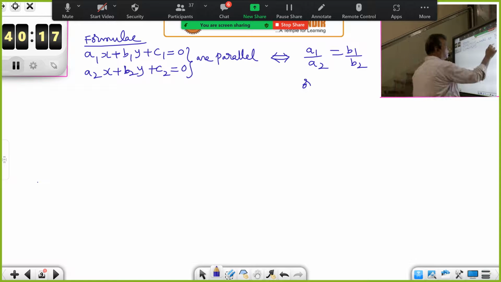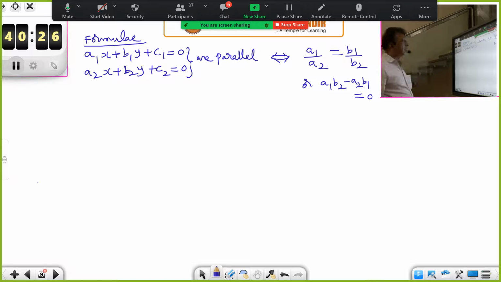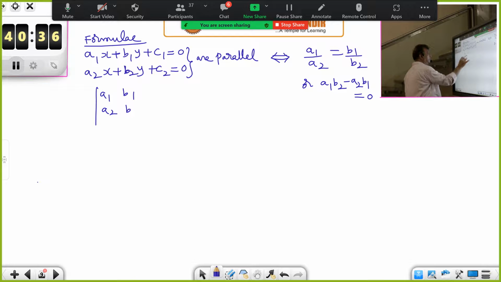Or we can write a1 b2 minus a2 b1 is equal to 0. Cross multiplying and rearranging, we get it like that. Or this is nothing but the 2 by 2 determinant of x coefficients and y coefficients is equal to 0.